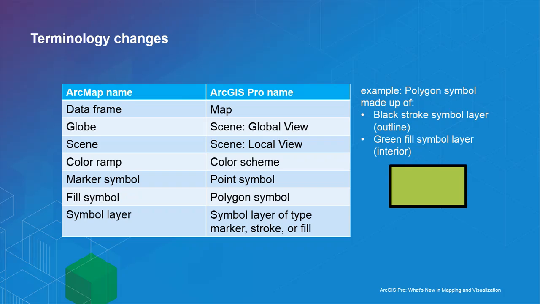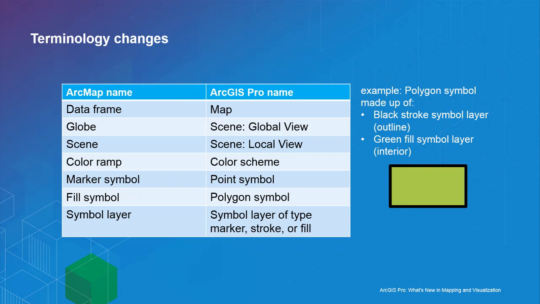So we have point symbols, line symbols, polygon symbols, and text symbols. And within those symbols, we can have individual symbol layers, and those are related to the graphic component. So those are marker layers, stroke layers, and fill layers. We don't go too deep into the symbol model here, but here's some terminology if you get tripped up, because they are slightly different from what we had in ArcMap.